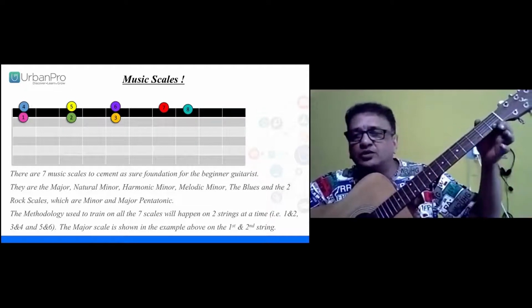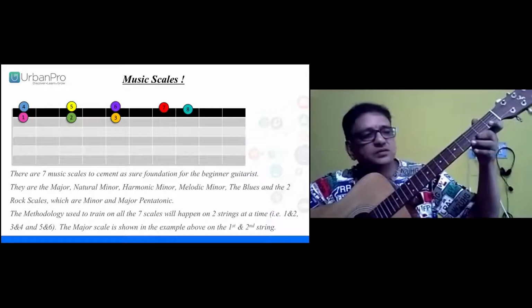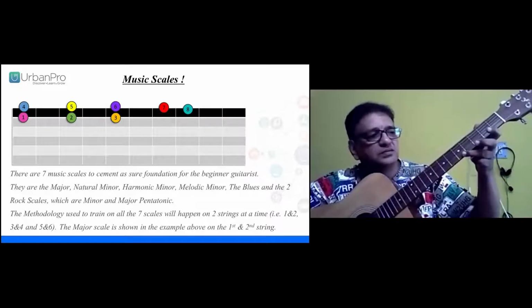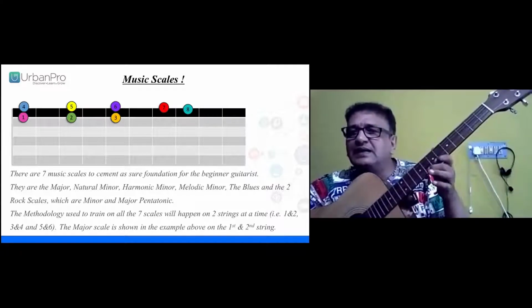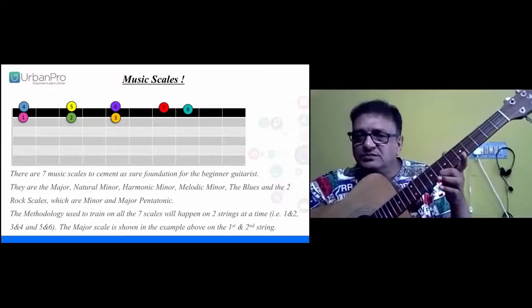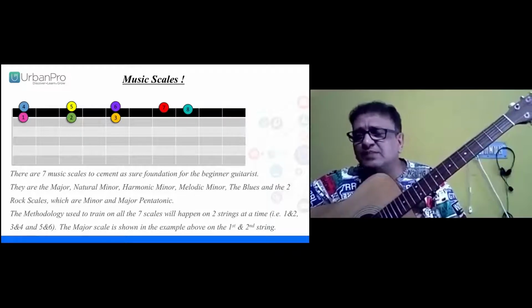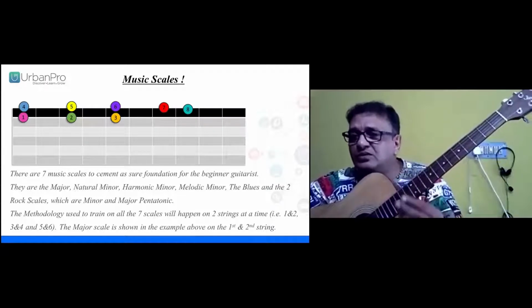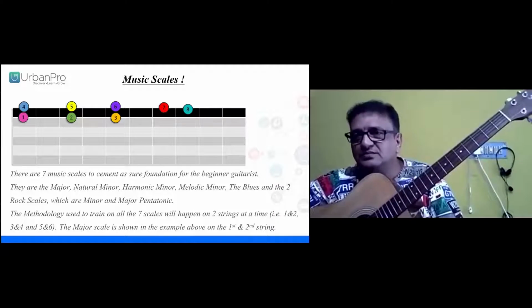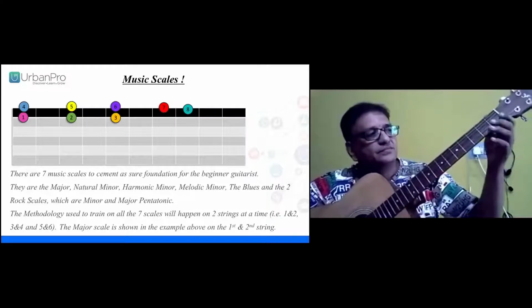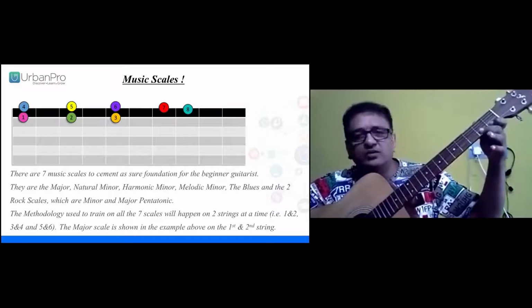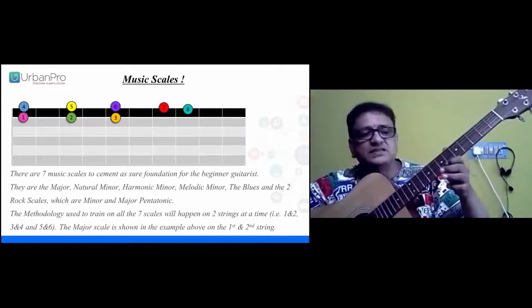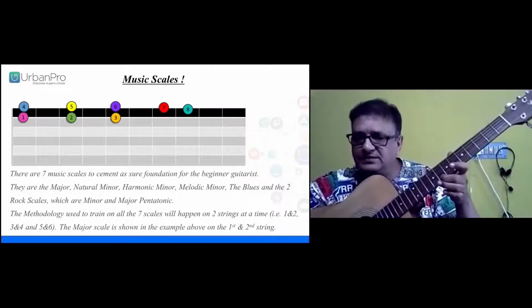You get your 4th note, 5th note, 6th note, and then again on the same first string, your 7th and 8th note. So that introduces you to the major scale and to the sound of the notes. Let me repeat. 1, 2, 3, 4, 5, 6, 7, 8.